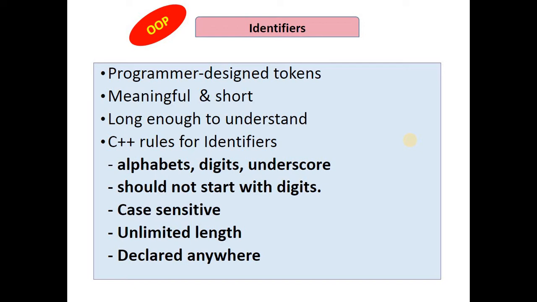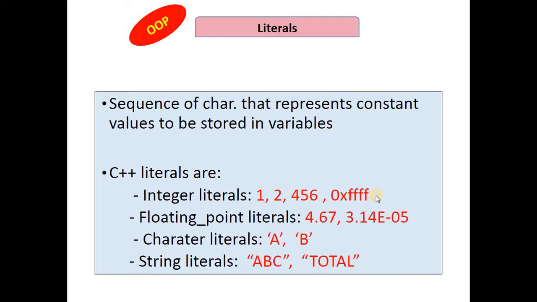Again, the C++ rule is that an identifier is case sensitive. For example, capital A and small a are two different identifiers. An identifier can have unlimited length and can be declared anywhere in C++, meaning anywhere before its use.